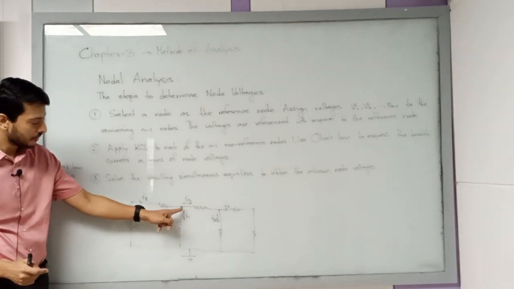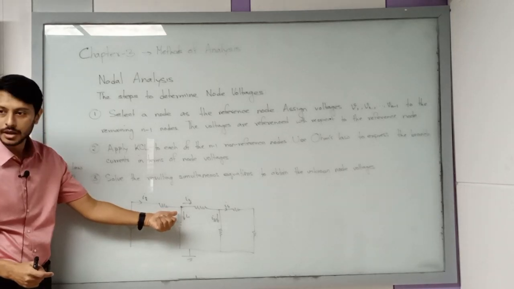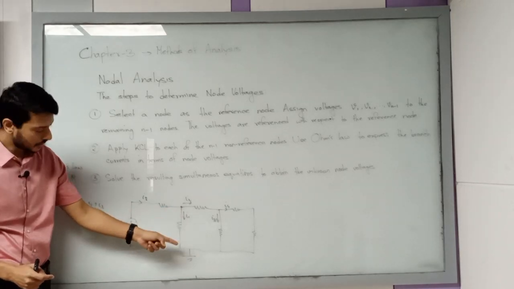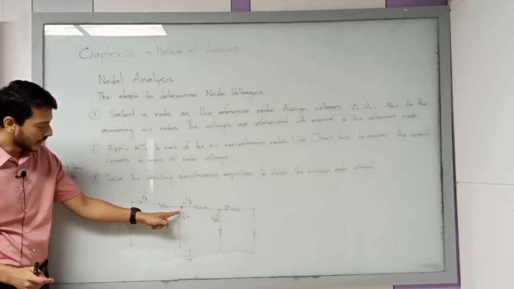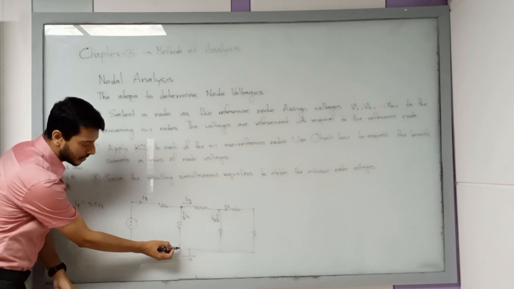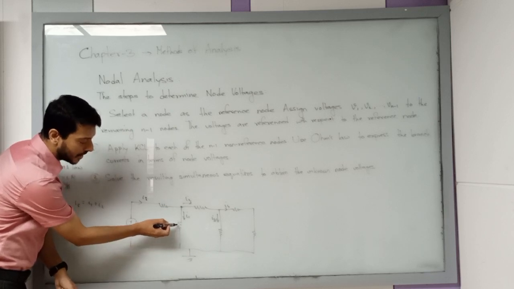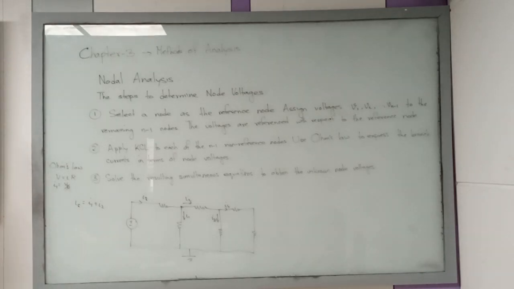If it is coming from top to bottom, that means this is the higher potential terminal and this is the lower potential terminal. Okay? So the voltage at this point minus the voltage at this point divided by the resistance will give you the current. Okay?